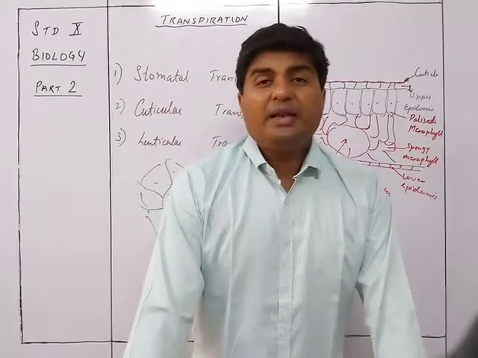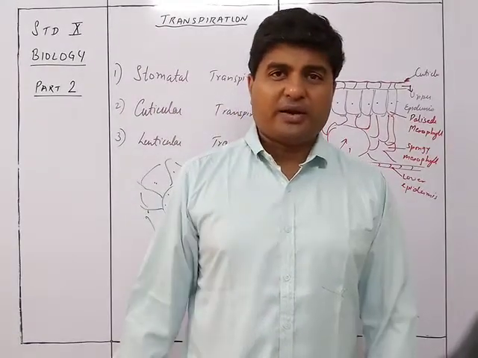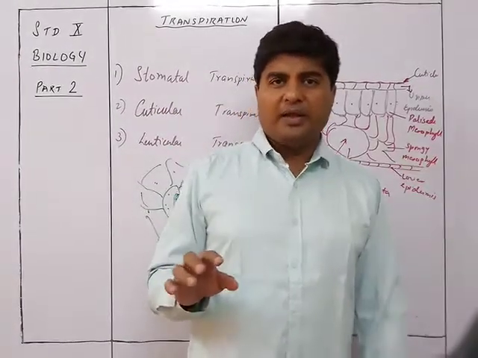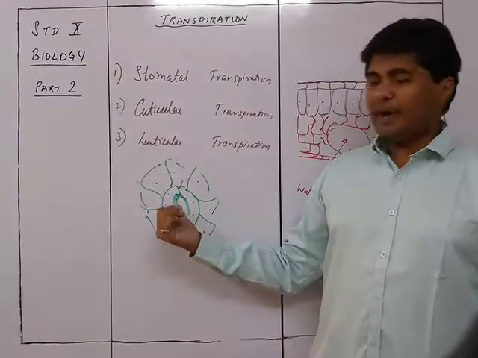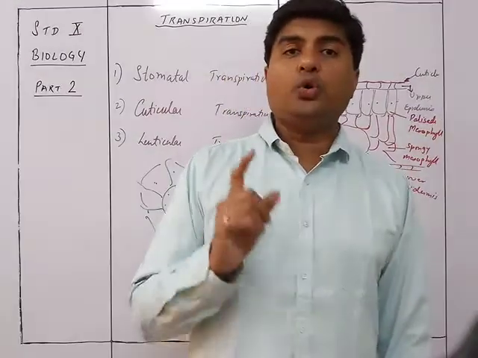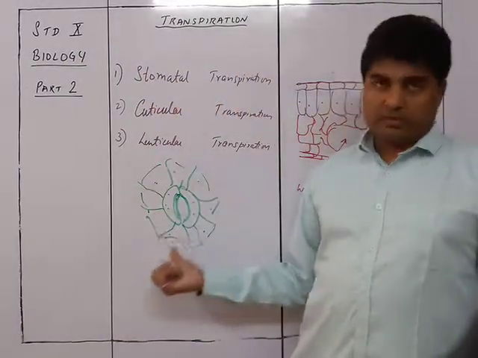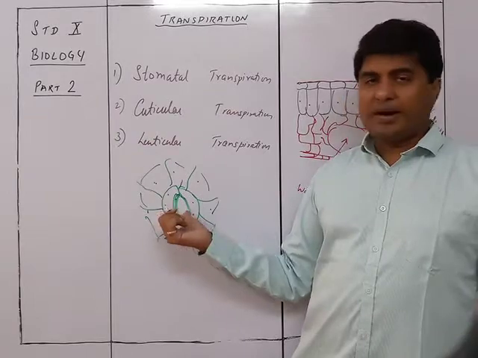So in case the plant is completely drooping, there is not enough water in it, then there is no possibility that the stomata would open up. The stomata cannot open up because stomata open only due to the turgidity of the cells surrounding the stomatal opening.